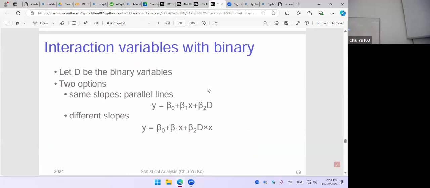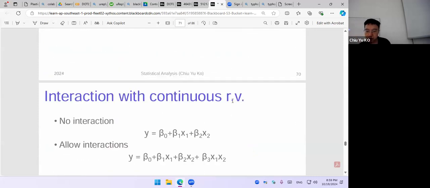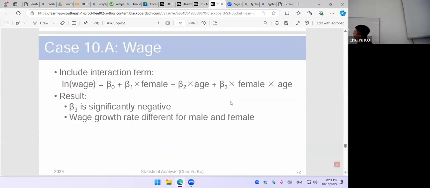If we give an example, this is too technical, so this one. We have a regression, wages, trying to be explained by female, age, and now we have something multiplied. So we ask, what is this?